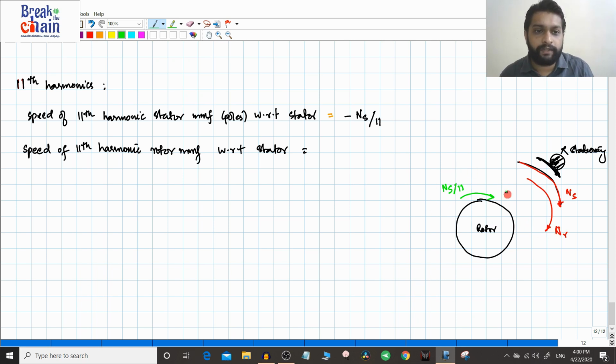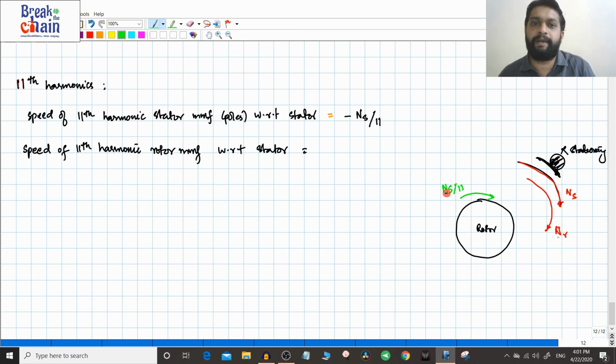Now because of this rotor MMF, there will be a component of the rotor speed nr by 11. See, ns by 11 is the synchronous speed of the rotor MMF. Because of this, there will be a component of rotor speed corresponding to this ns by 11, and that will rotate in the same direction as ns by 11. That also we have seen in the previous video. See, nr is produced by ns.